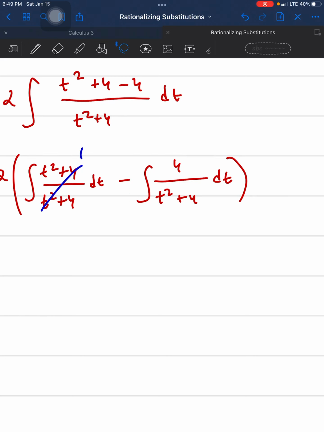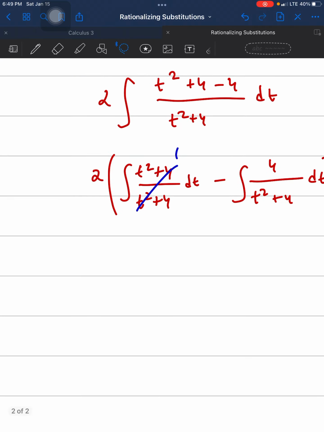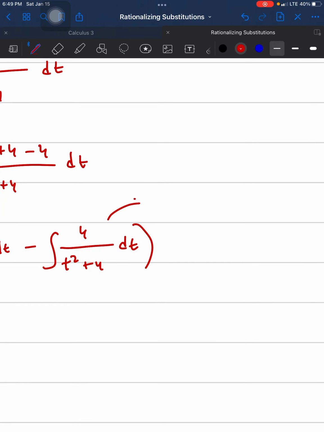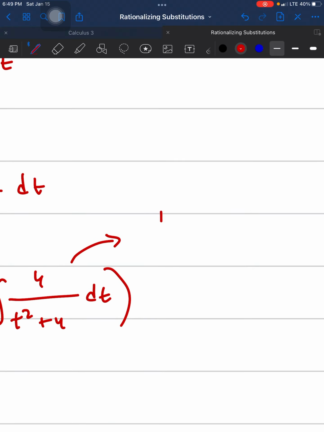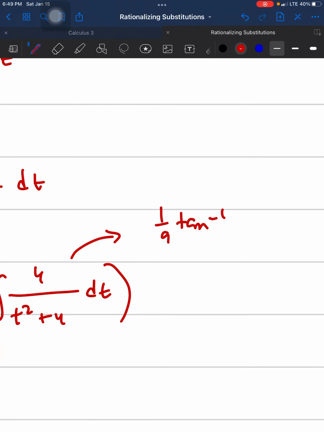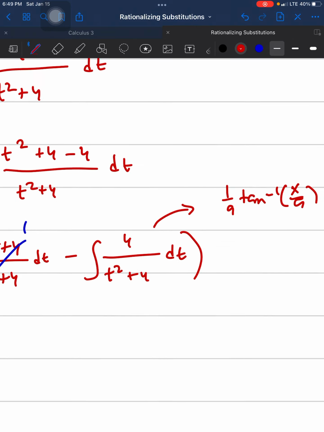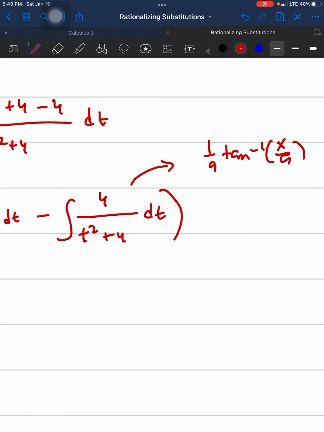And in the second integral, we can use the integral table to help us find the integral. When you look at the integral table, this can be rewritten so that we get the result of 1 over a times tangent inverse of x over a.